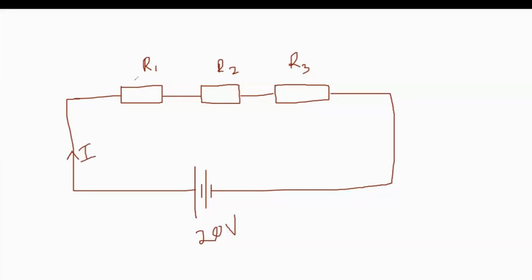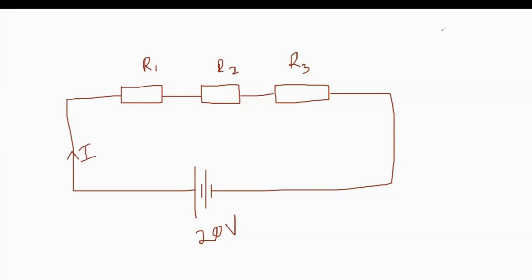So these resistors are like cities which have the same river connected. Whichever water flows through R1, the same water flows through R2, the same water flows through R3 also. Yes or no? So I can say that current I flows in all the resistors which are in series.